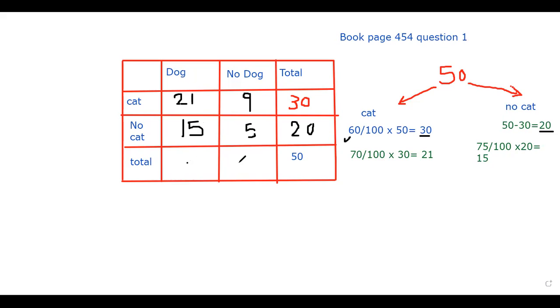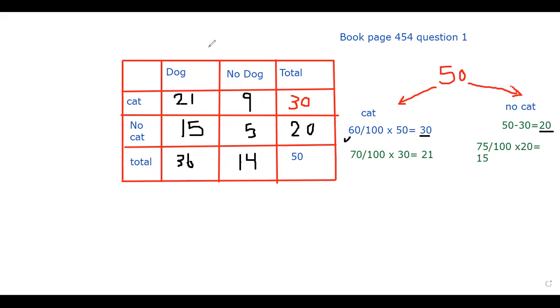How will we complete the rest of the table? 21 plus 15 will be equal to 36. And 9 plus 5 will be equal to 14.